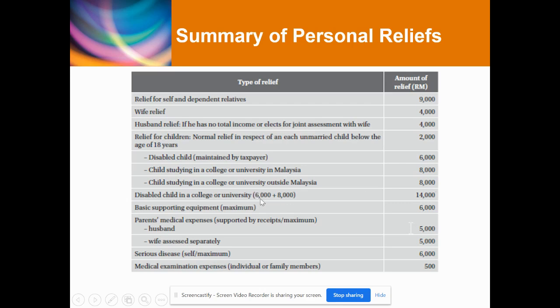Disabled child in college or university, so 6,000 plus 8,000: 6,000 for the disabled child and 8,000 for university students. Basic supporting equipment, maximum of 6,000 ringgit. Parents' medical expenses supported by receipts, 5,000 ringgit. And serious disease, maximum of 6,000 ringgit, and also medical examination expenses for individuals or family members, 5,000 ringgit.